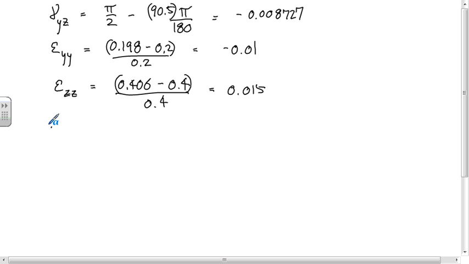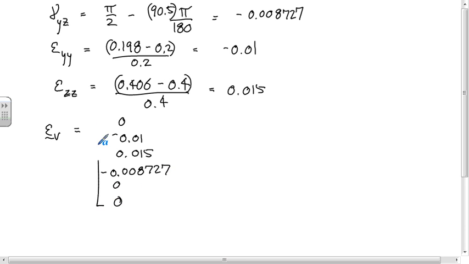And so the Voigt strain is equal to 0, negative 0.01, positive 0.015, and then YZ, so negative 0.008727, and then 0, 0.